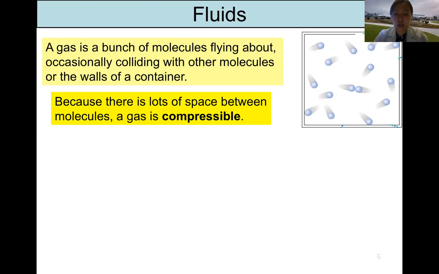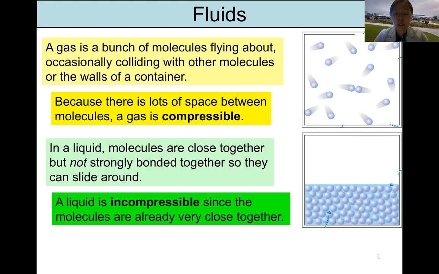So for example, a gas can be compressed. You can squeeze a gas, but it's very hard to squeeze a solid object. The same goes for a liquid. Liquid is a fluid because it's easy to flow.